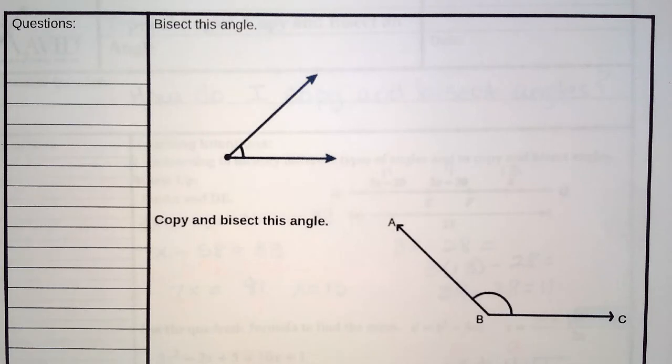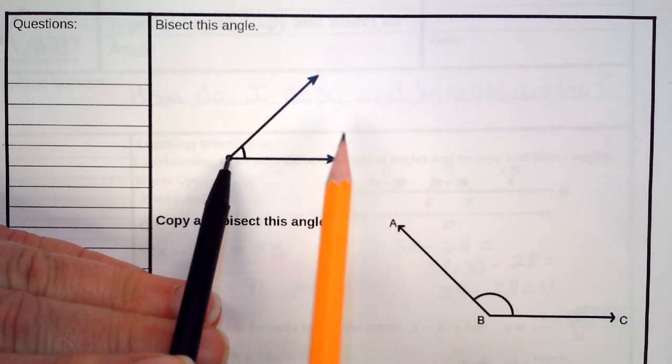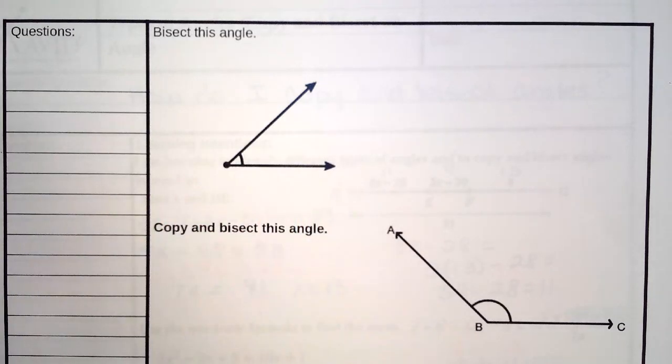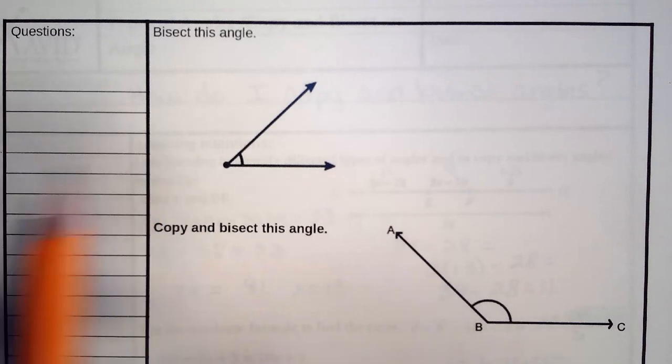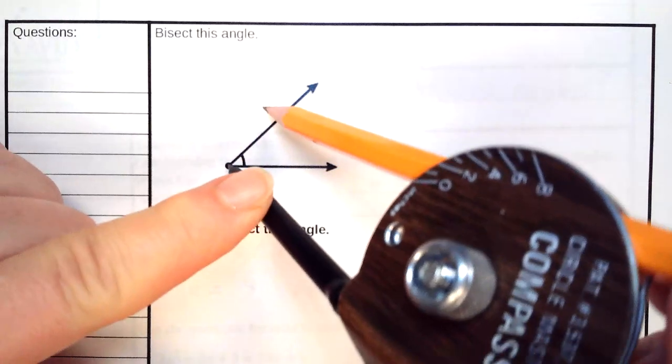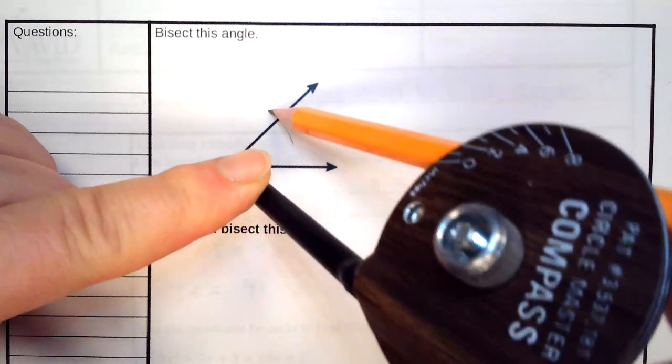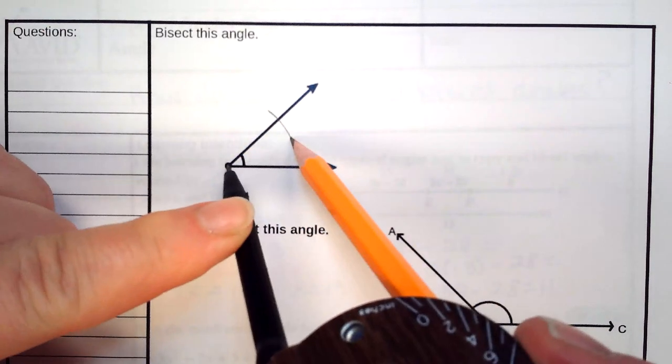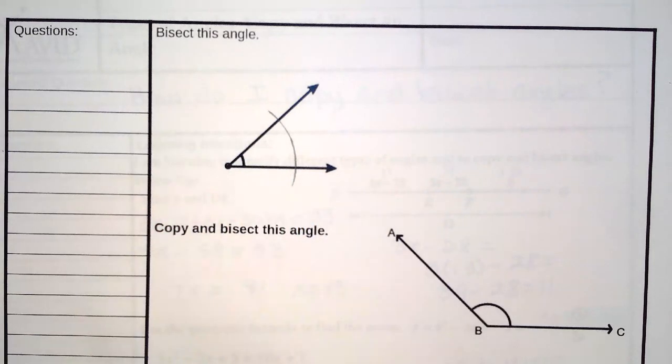So the first thing I'm going to do is to draw an arc. As you can see, I'm at a measurement that is too big. So all I do is make it a little smaller. Does it matter how small? Not really. So the first thing I'm going to do is this first arc that intersects both rays. Remember, it's got to be equidistant.